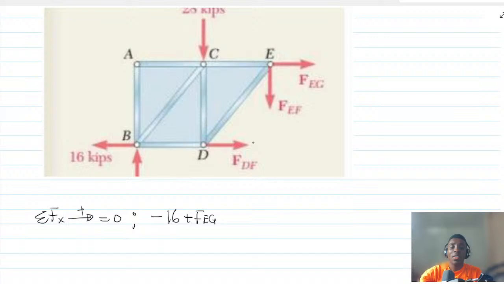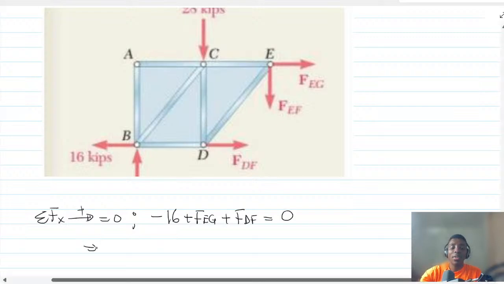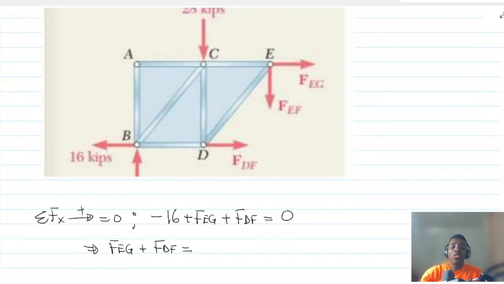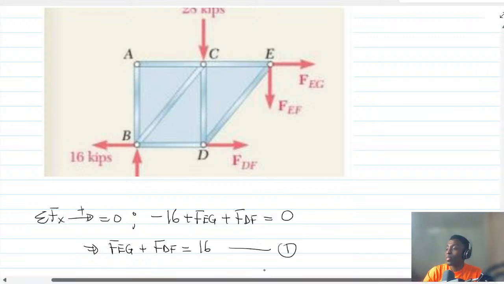And then FDF. So plus FDF. So is there any other force along the x? No. So to be 0. In other words, FEG plus FDF should be equal to 16. So call this equation 1.